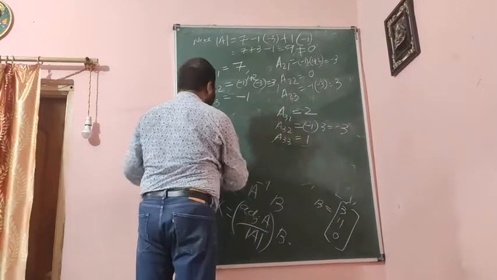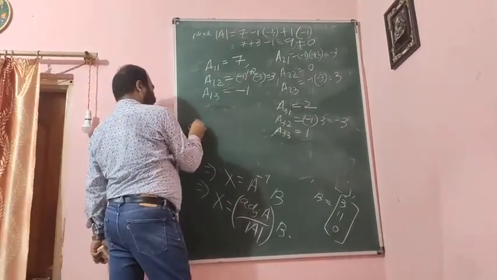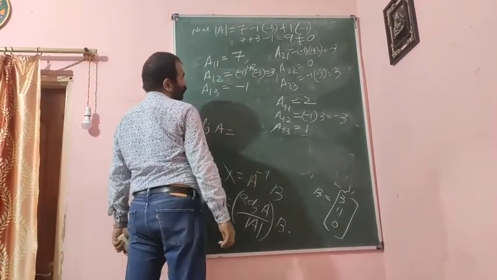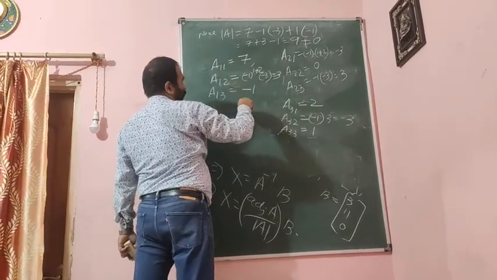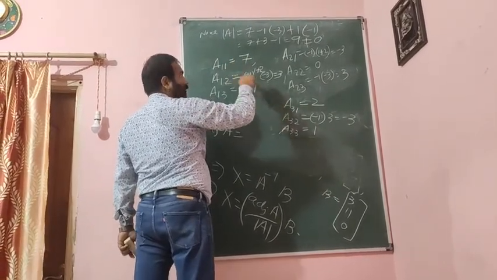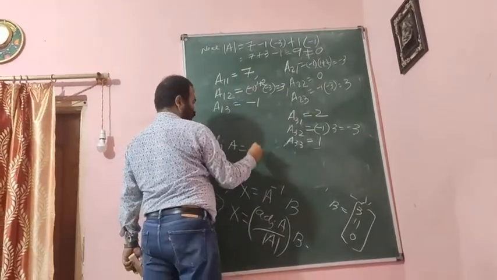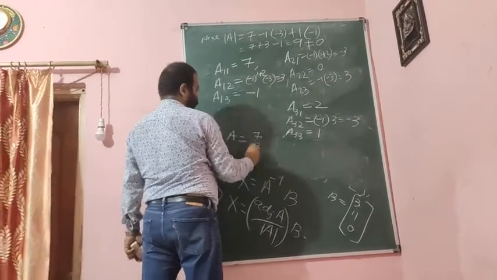So now what is the adjoint? You find the transpose. So adjoint of a matrix A equals the transpose of the cofactor matrix. Already I have written the cofactors, so take the transpose of the matrix. So here 7, here it is 3, here it is minus 1.